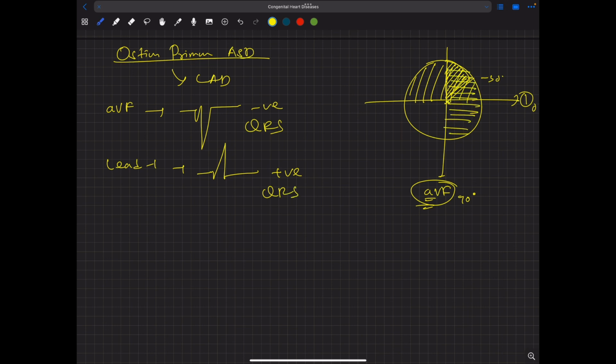And I told you this part making 60 degrees with lead 1 is lead 2. Suppose lead 2 QRS complex is negative, then I can shade this part. So this part is now fully shaded. So lead 2 QRS complex is also negative.